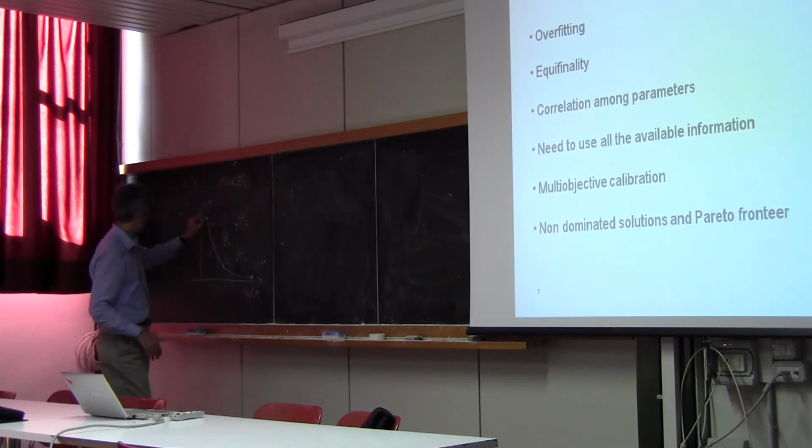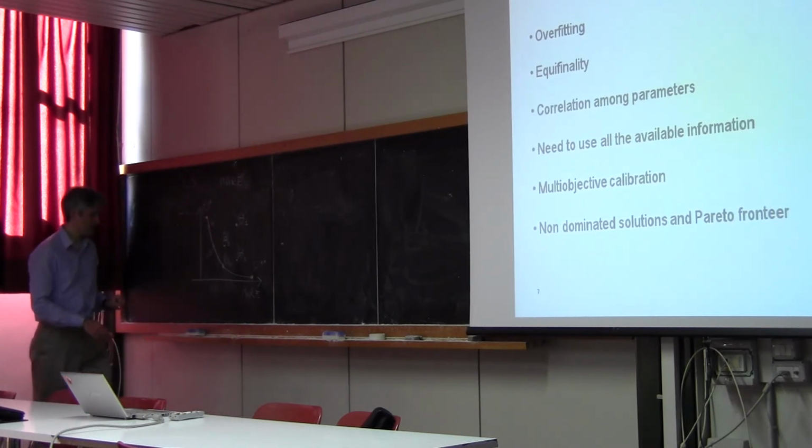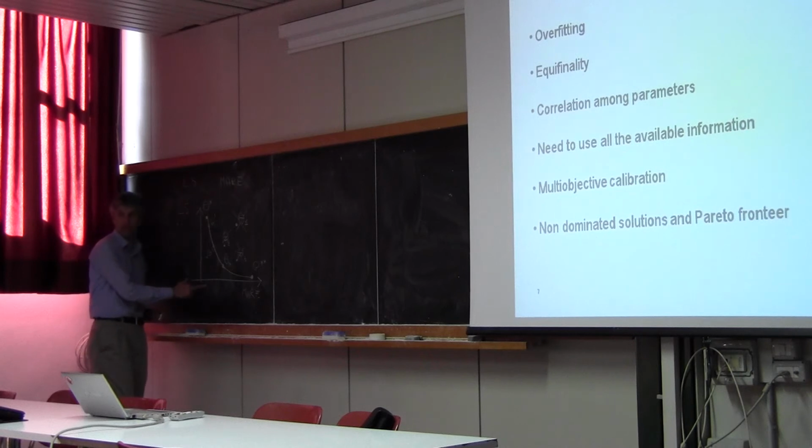So theta star corresponds to the best possible value for the mean absolute relative error, and theta double star corresponds to the best possible value for the sum of squares.